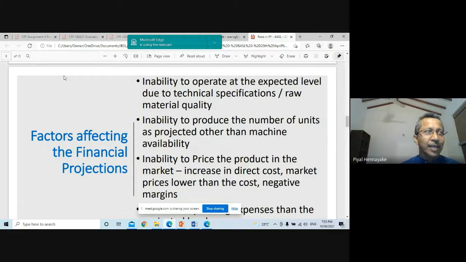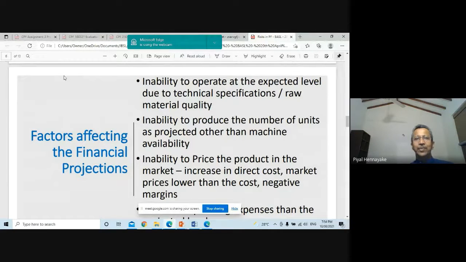The DSI Emirates chairman yesterday at a webinar was telling they can't import what they want because their exports are not very high, so they don't have dollars, so they find it difficult to import their equipment.